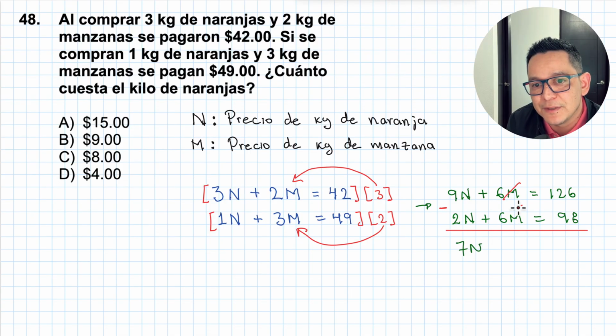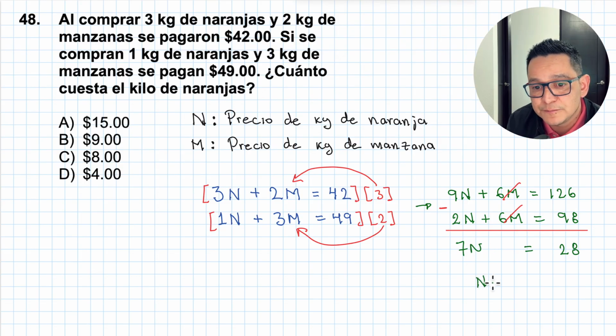Well, they cancel out, because we have 6M minus 6M. On the right side, we have 126 minus 98, which is 28. And this is equal to 7N.